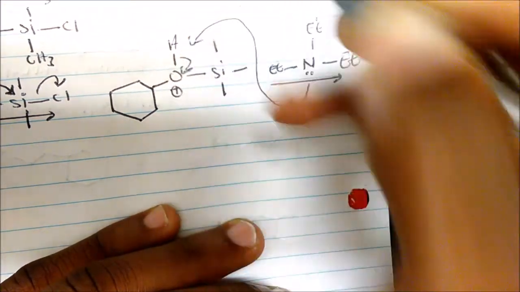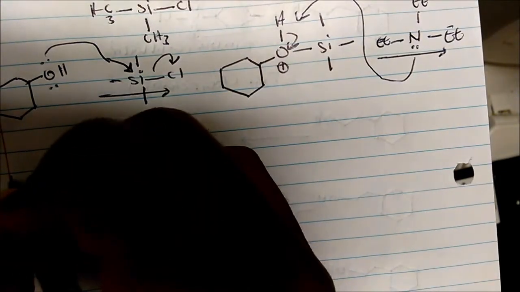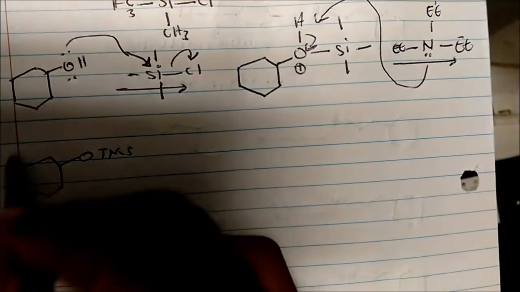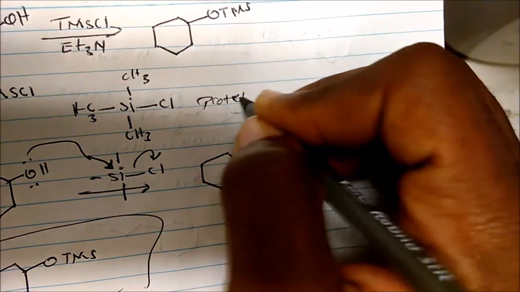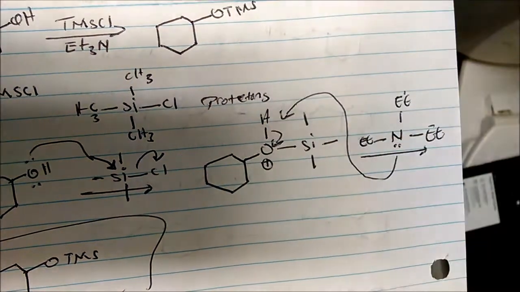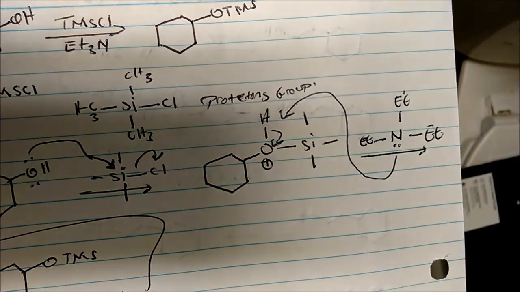What it does is that it acts as a base, which it is, takes the hydrogen, kicks off back onto the oxygen, and you get your neutral product, OTMS, which I'm just going to abbreviate. So that's another protecting group. So far you've learned about 2 protecting groups, tosyl chloride and then TMSCl.